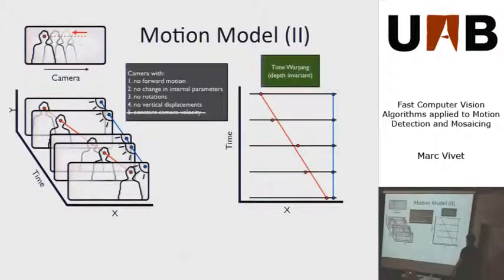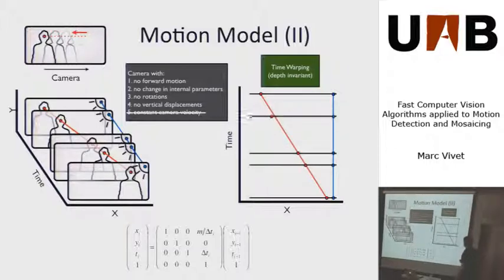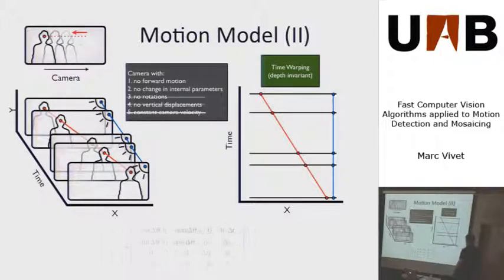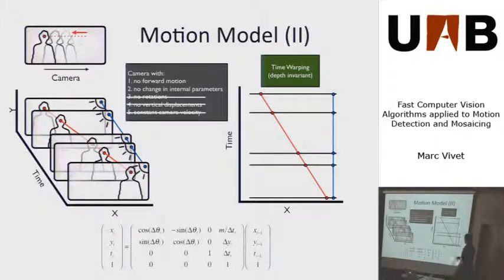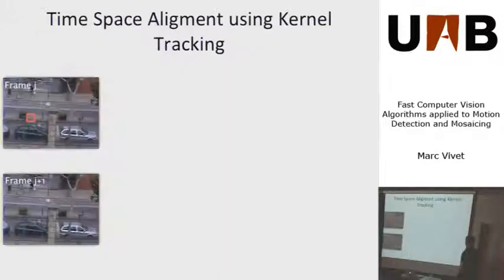So what we need to do is to warp the time, because warping the time is step invariant. And now our motion model includes the increment of time. If we also remove two more constraints, the rotations and vertical displacement, then the final motion model is the one that you can see here.